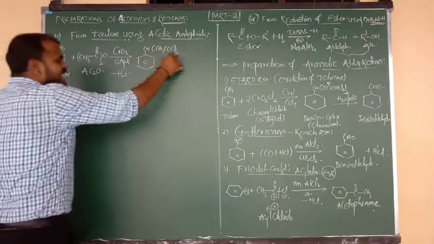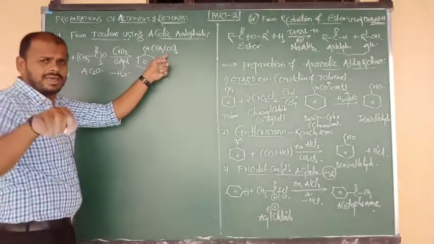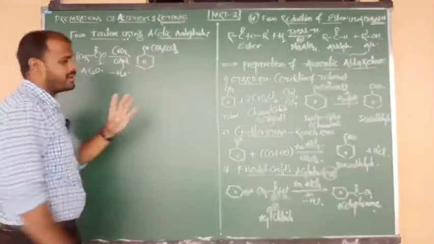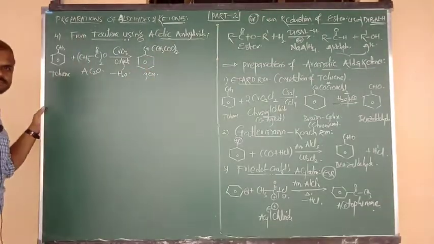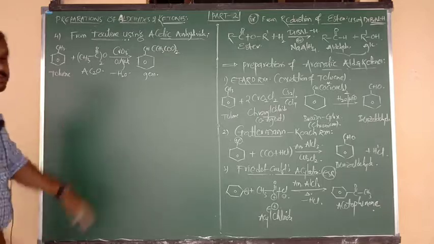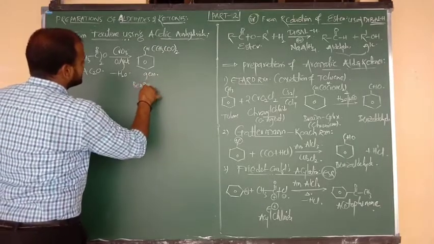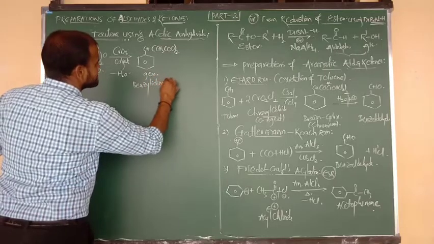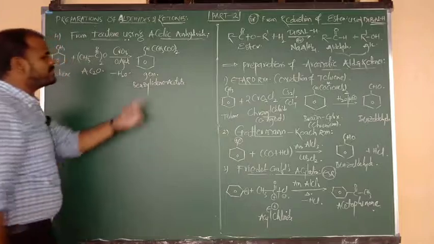Everything will be balanced. If you want, you can count it up. So how many acetate ions are there? 2 acetate ions are there, and they are present upon only 1 carbon. So we can say this is nothing but a gem compound. And what will be its name? The name is nothing but benzylidene acetate. How do we write the name of gem compounds?